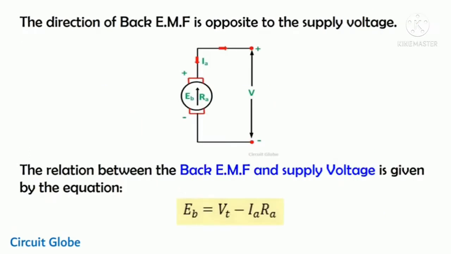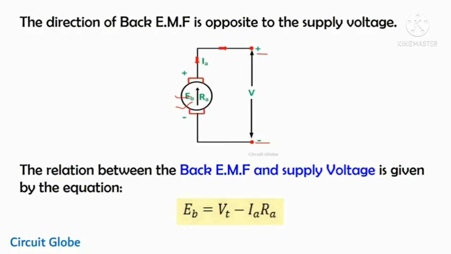For simplicity, consider the line diagram of the DC motor. Suppose this is the armature of the motor. We are providing the external supply through these end terminals and the EMF induced in the armature conductor is given by EB. When we are providing the input to the motor, an EMF is induced in the conductor.